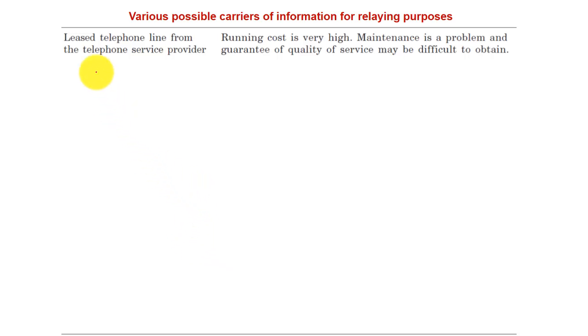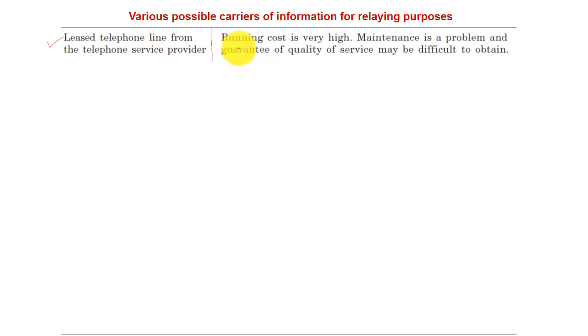Let us see the various possible carriers of information for relaying purposes. The first option is a leased telephone line from the telephone service provider.